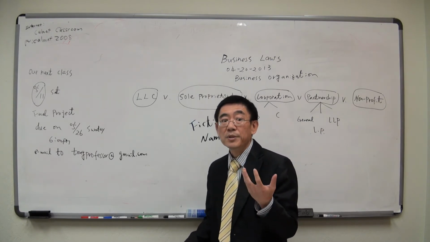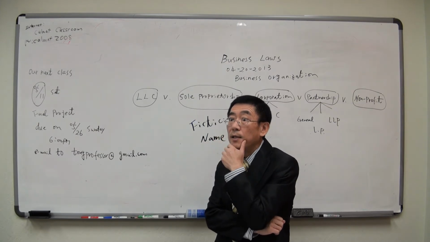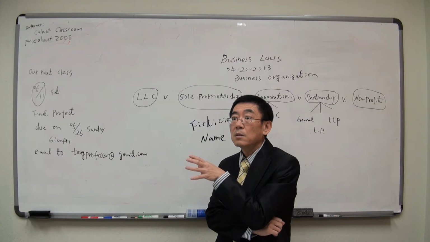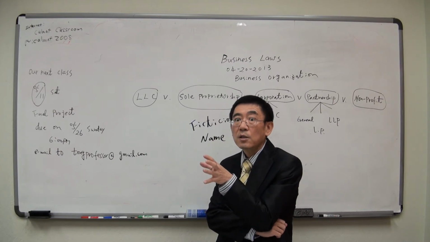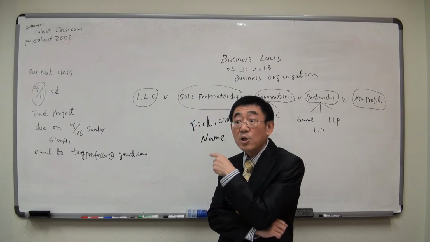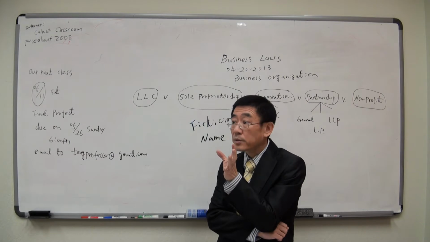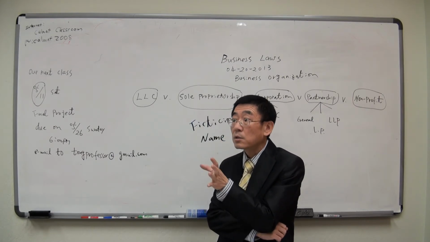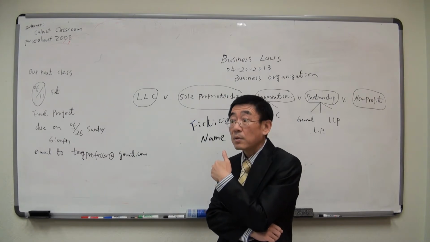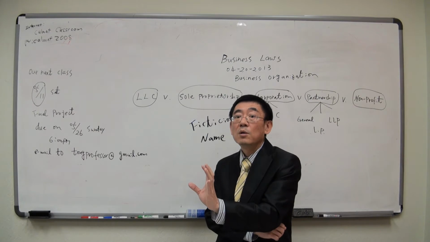Say for example, you have your regular salary, W-2 income, and you keep your business on the side. For this kind of situation, I think most of you will use sole proprietorship. You don't set up a corporation yet because you don't know how good or how long your side job can keep, so you just keep it totally informal.